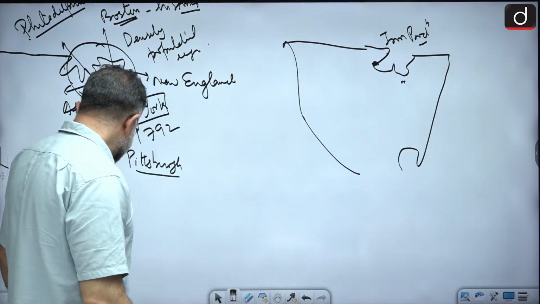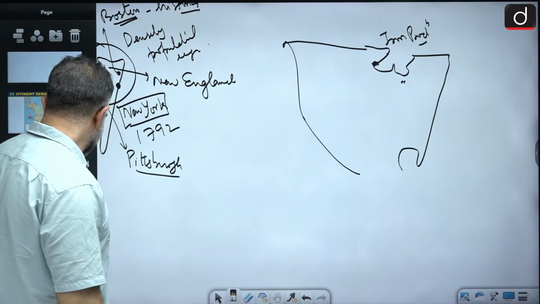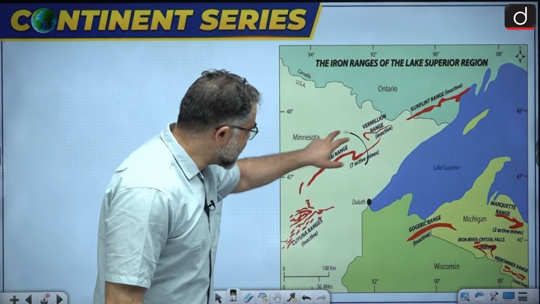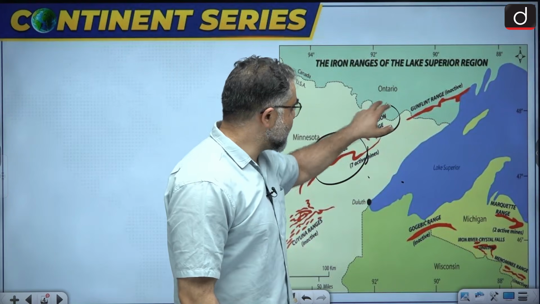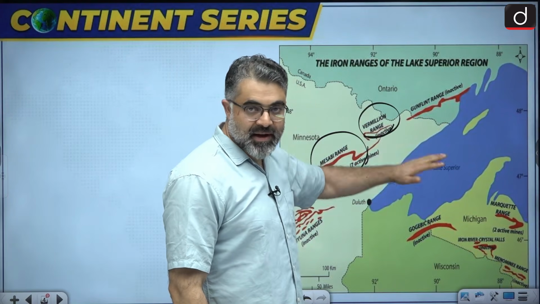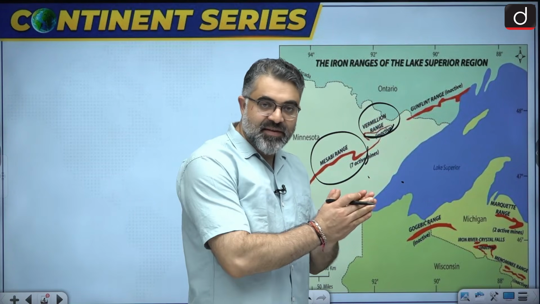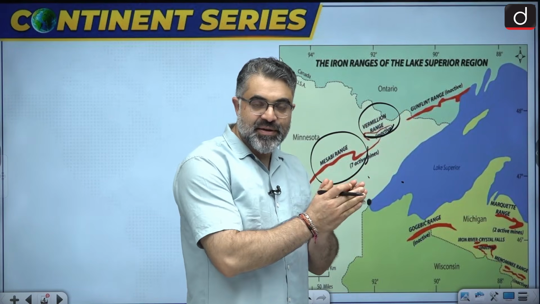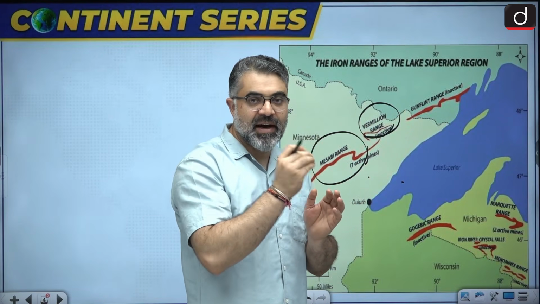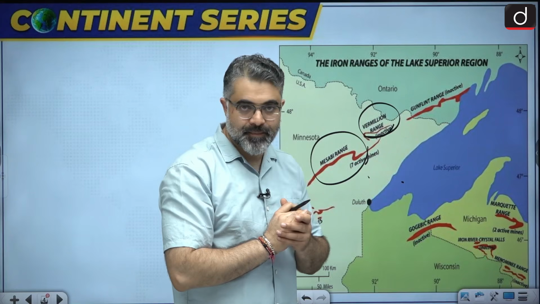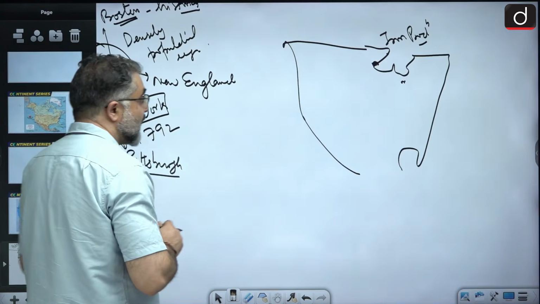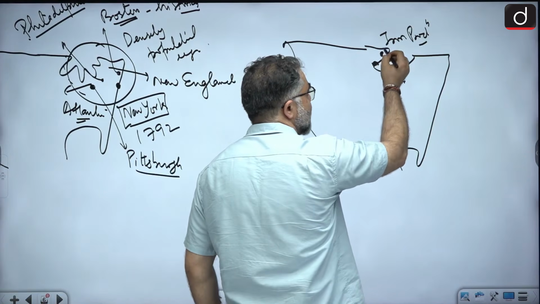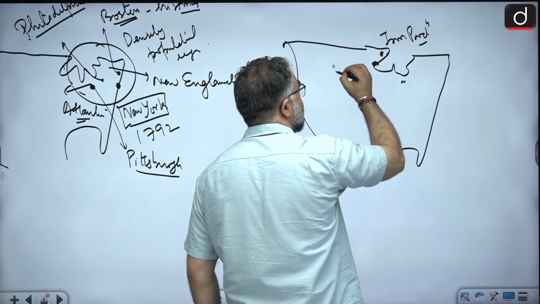Like two locations: one is Mesabi Range to the west of Lake Superior, one is Vermilion, again to the west of Lake Superior. Now, to the west of this Lake Superior lies one of the richest iron mining regions of USA.